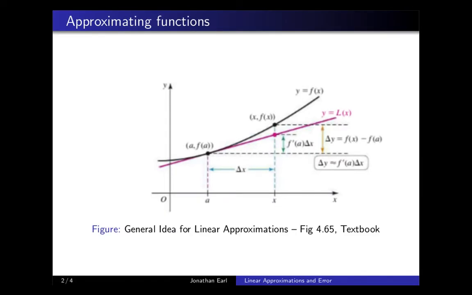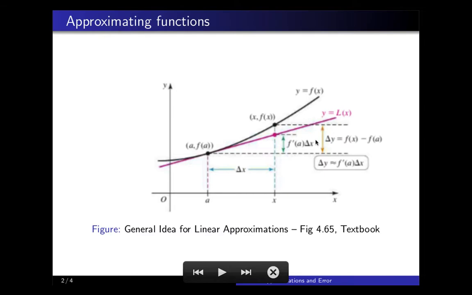So in general, the main idea is that we're trying to approximate the black curve little f of x by the magenta line big L of x. If we take the black curve and start at some point a, we get an a, f of a pairing, and as we move along the x-axis, we get some other point on our black curve, x, f of x.